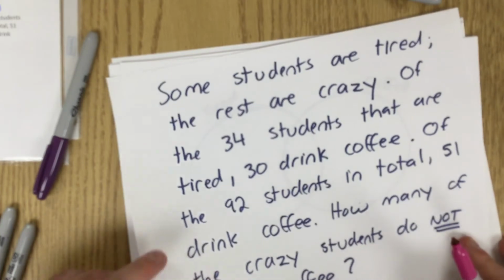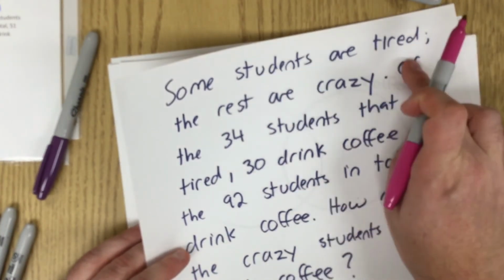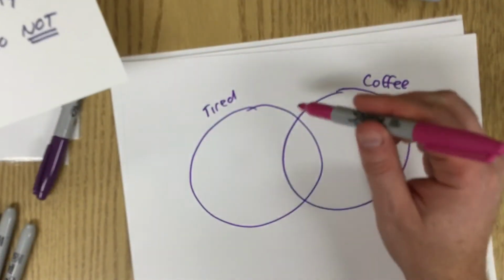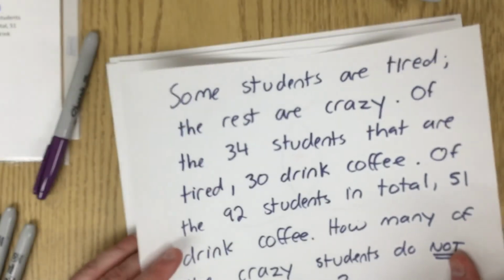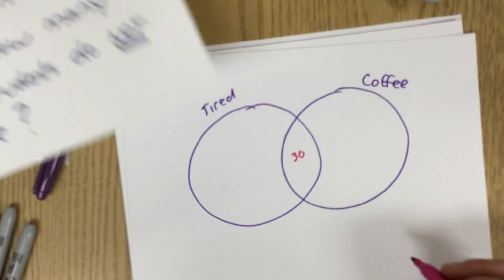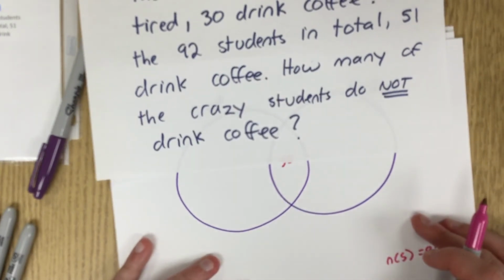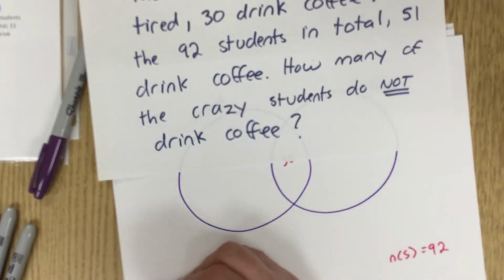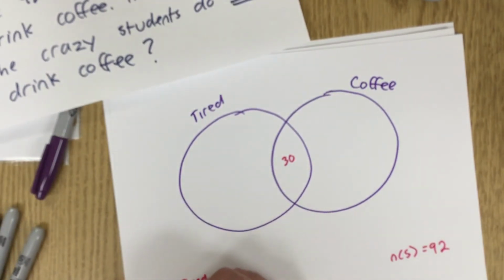So 34 are tired, 30 drink coffee. So of the 34 that are tired, 30 of them are tired and drink coffee. There's 92 students in total, so we know that NS is 92. Let's define A as being tired and B as being drinks coffee.